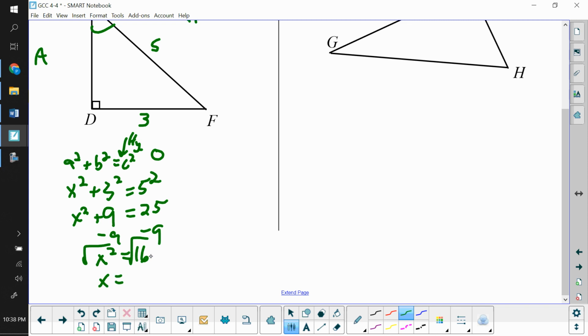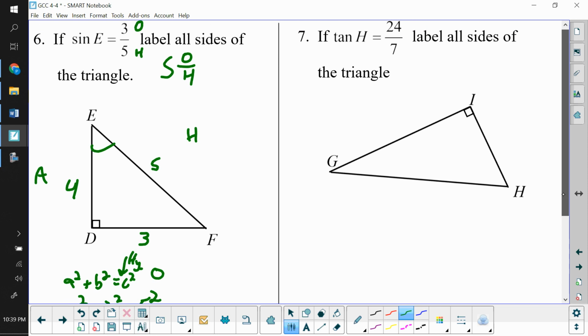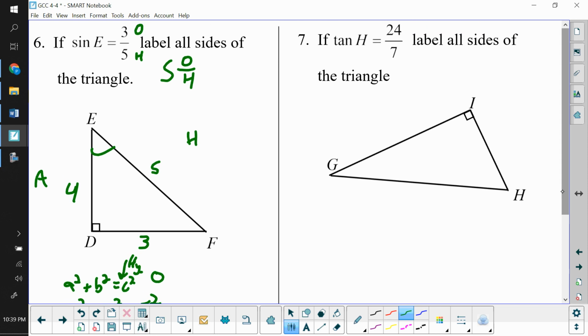So we'll have x equals, you might know what times itself is 16, or if you did menu number factor, that would be 2, 2, 2, 2. You'll have 2 pairs of 2's out front, nothing inside, so this is just 4. So that means our missing side is just 4, and a 3, 4, 5 right triangle is one that comes up a lot in math because they're small numbers and it works out nice.